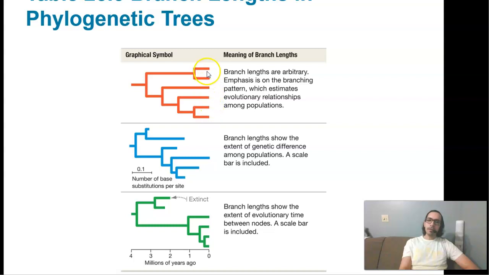So you're focused mainly on the tips, and the length means nothing. But if you do see a scale bar, it could be used to show the genetic difference among populations, and also evolutionary time. So in this case, the length of the branches does make a difference.